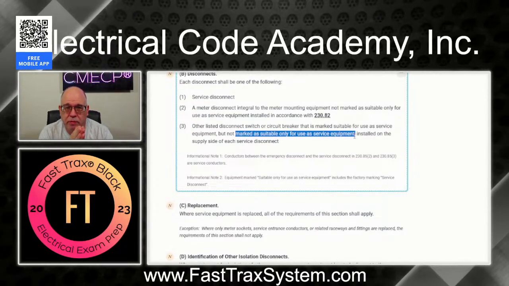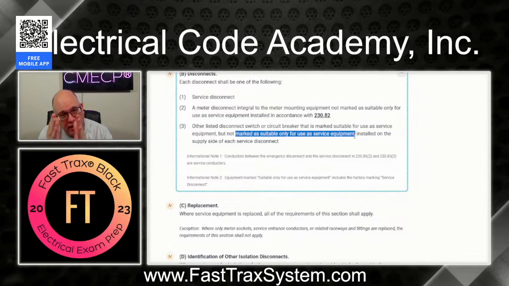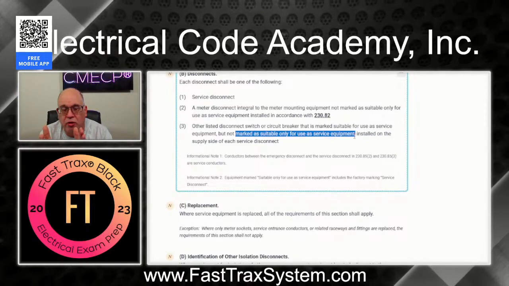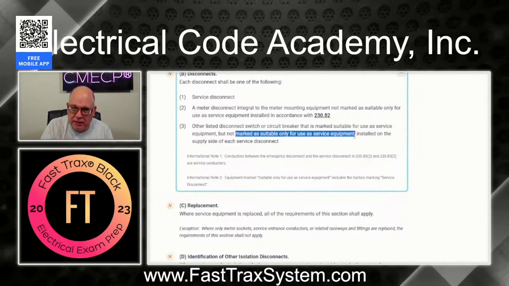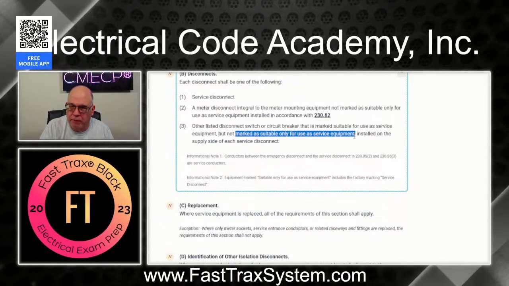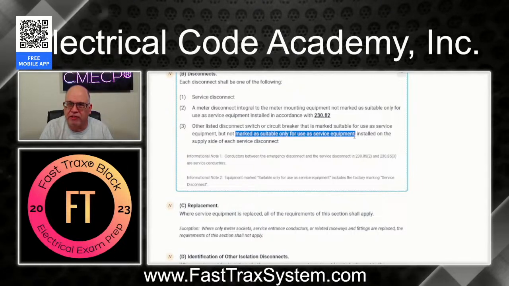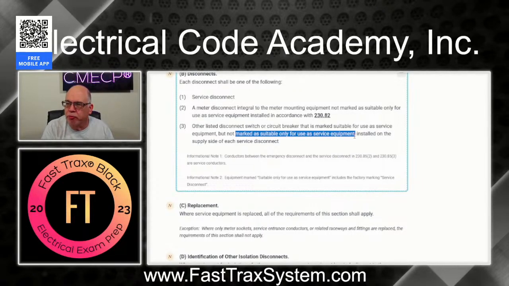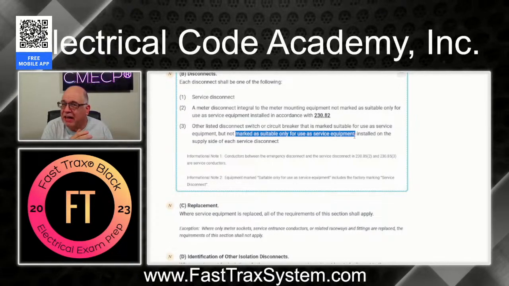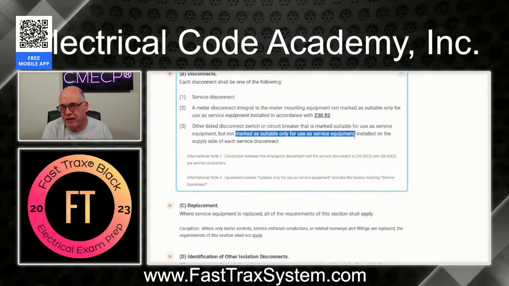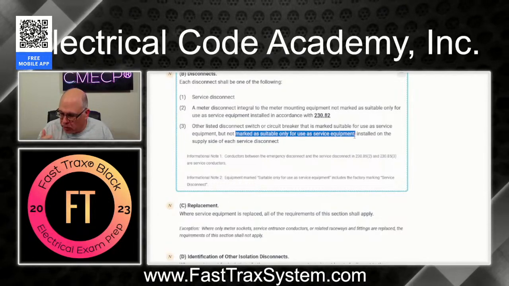Very important. We have to make sure that it has to be marked suitable for use as service equipment, but it can't say that it is only to be used as service equipment because we're not using it as service equipment. We want the ratings. We want to make sure it is SUSE rated, but we're not going to use it for service in this case, all right? Okay, makes sense?